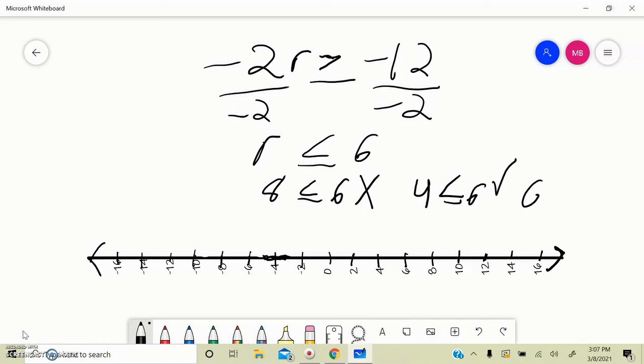What about 6 is less than or equal to 6? This works out because I do have that equal to line underneath. So I'm going to go ahead and start by drawing that circle. I'm going to fill it in because it is less than or equal to. Then I'm going to draw my line.